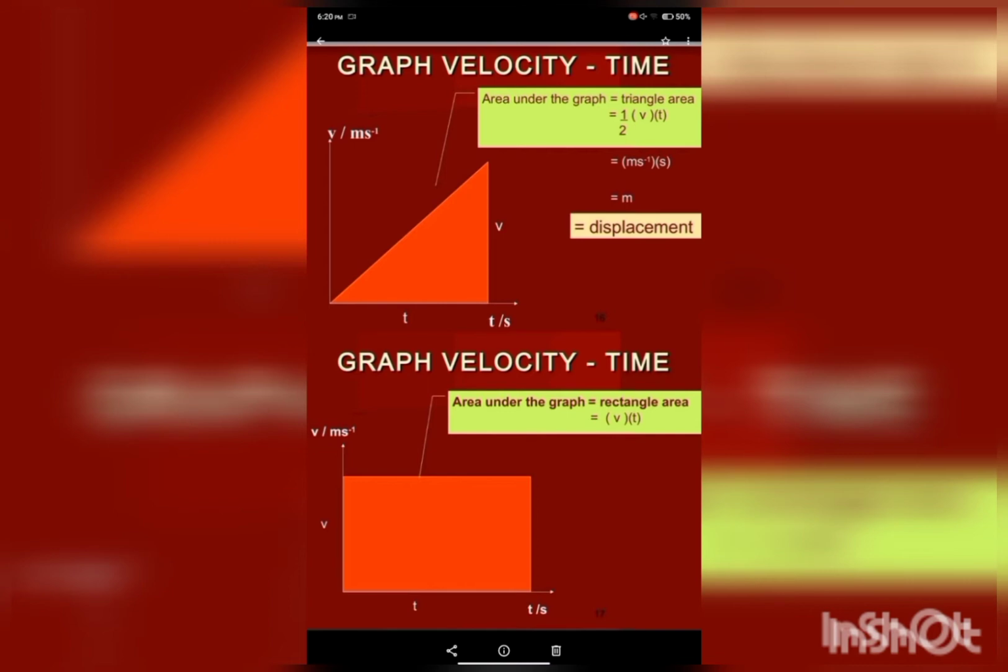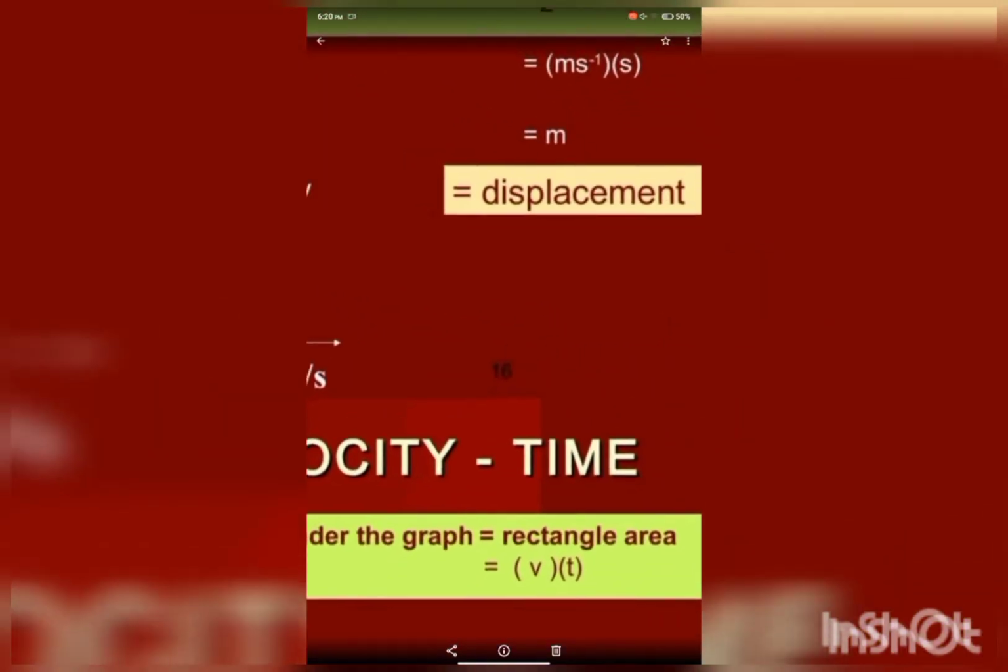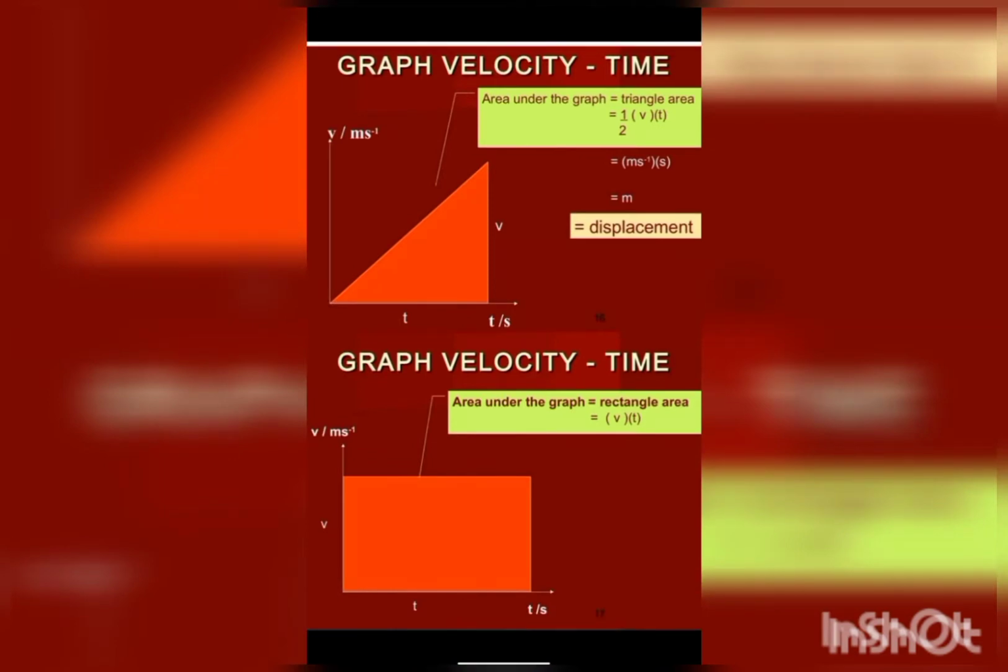In case of uniform acceleration, the area under the graph is equal to the triangle area, that is equal to 1 upon 2 base into height, and base is time and height is velocity. We can put the units of velocity as well as time, and we will get the unit of displacement, which is meter. And if the graph of velocity time is a rectangle, the area under the graph is equal to rectangle area, which is length into breadth.